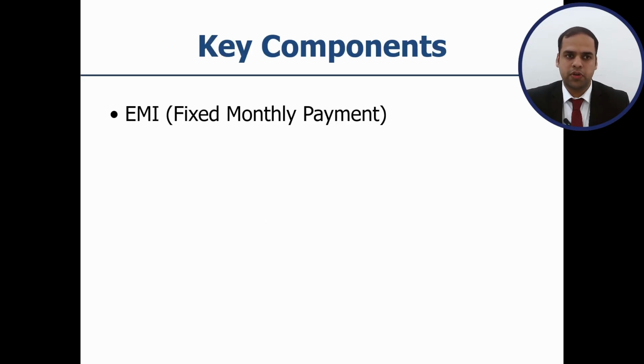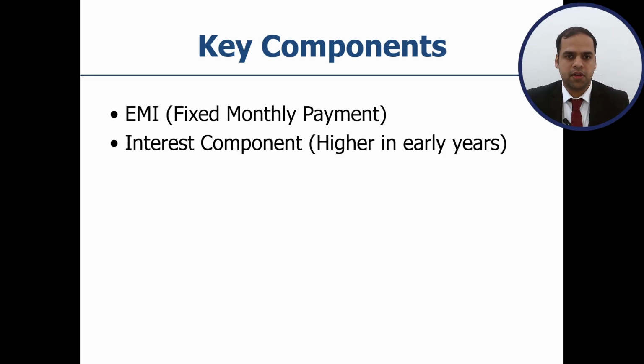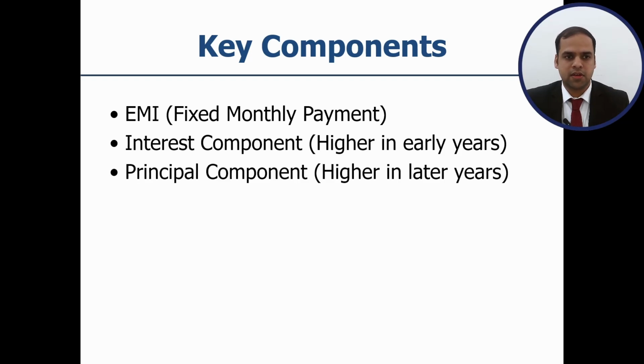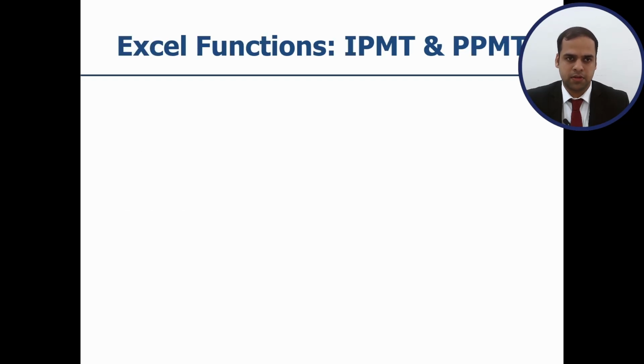So the key components are EMI, the fixed monthly payment, where EMI means equated monthly installment; the interest component, which is higher in the early years; the principal component, which is higher in the later years; and the outstanding loan balance.